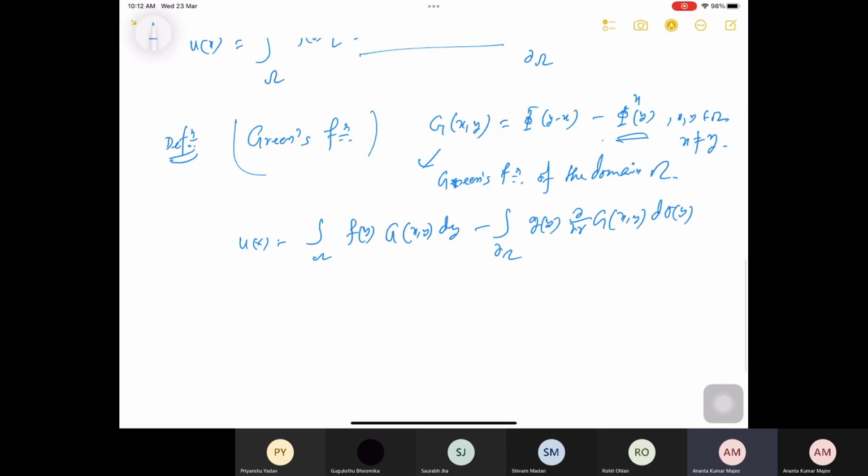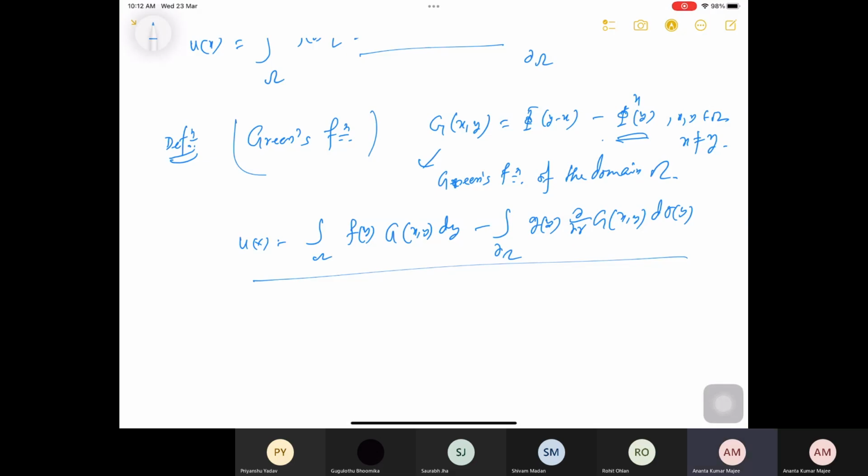Then this u should satisfy the Poisson problem, minus Laplace u equals f in omega and u equals g on the boundary, and u is in C2 of omega closure.